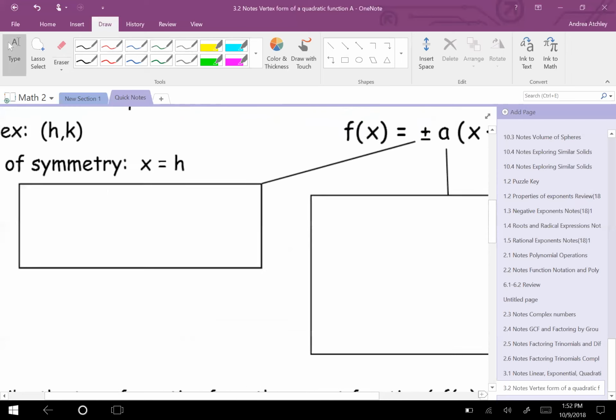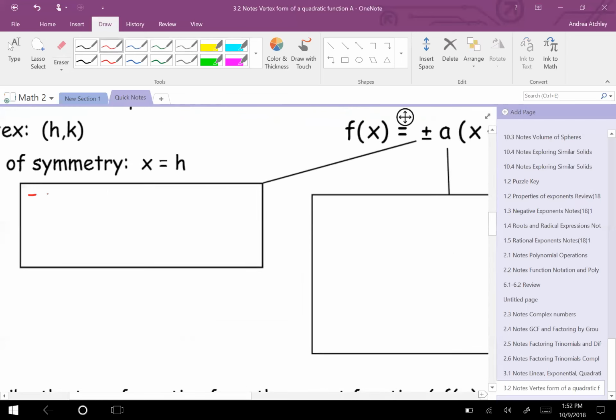So if you have a negative a, that means the parabola is facing down. We say that that reflects across the x-axis.